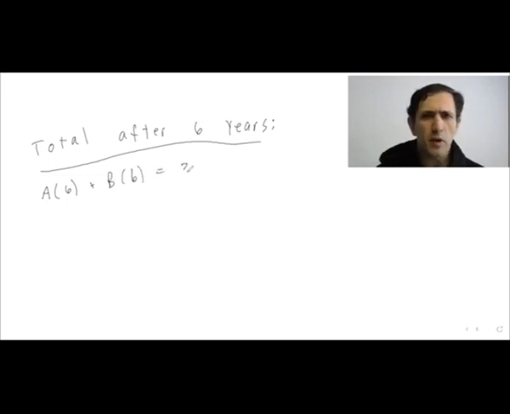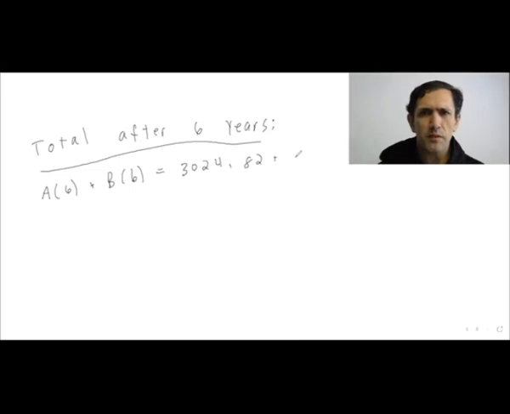So it's 3,024.82 plus 3,857 and 43 cents. And you get 6,882 and 25 cents.